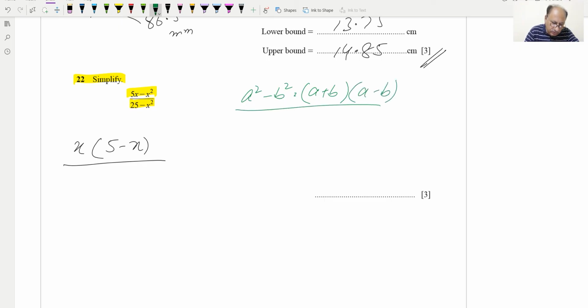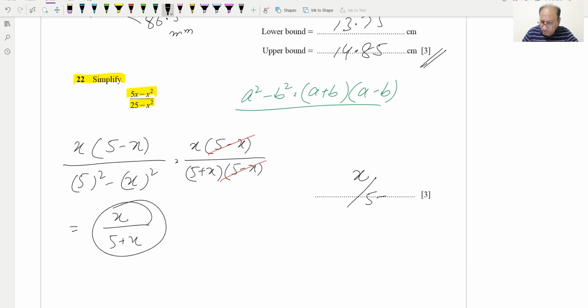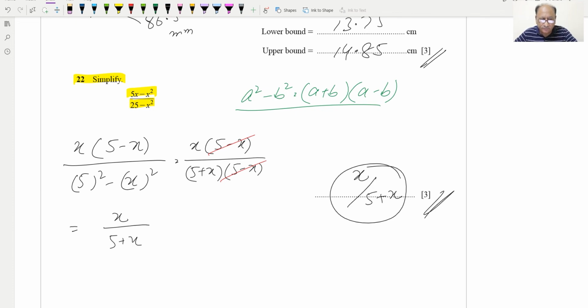We can rewrite it as 5 square minus x square, and we can rewrite it as x into 5 minus x divided by 5 plus x and 5 minus x. So further we can cancel, these two will be cancelled and the remaining terms will be x over 5 plus x, and this will be our answer which we can provide over here at the proper location, and this is for 3 marks. Hopefully you understood this.